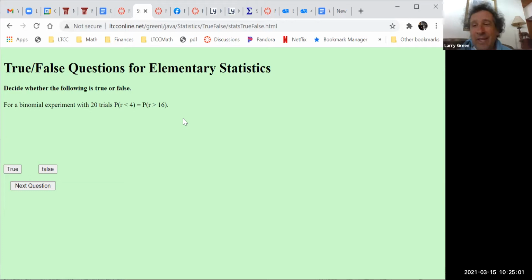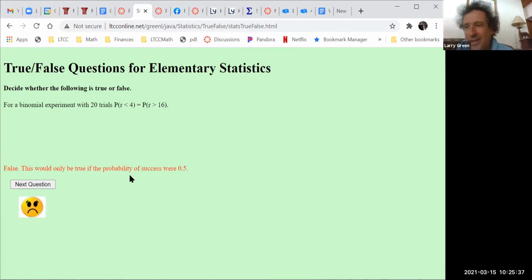And by the way, don't leave anything blank on the test, because you get a 0 if you leave it blank. Better to get a 50% chance of getting it right. What do you think? I see true. So let's go true.